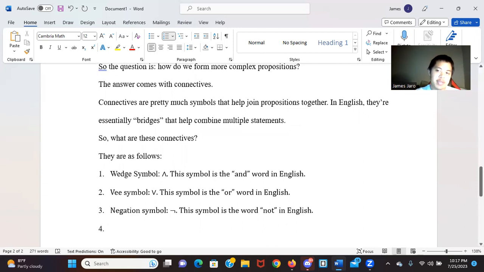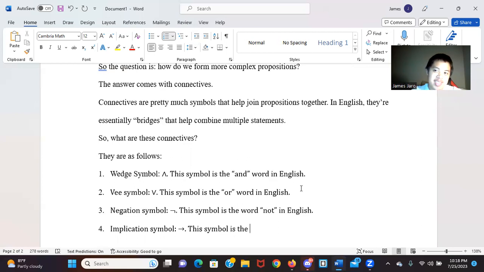And then finally, we have what is called the implication symbol, which is this arrow looking guy. This symbol is not just one word. This one's a little bit clunky or interesting.